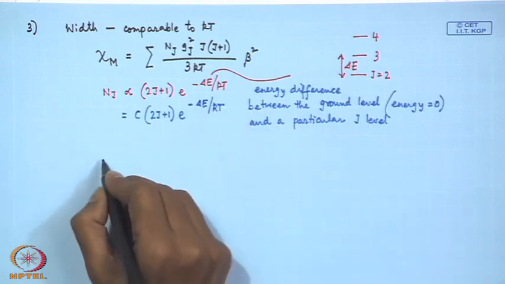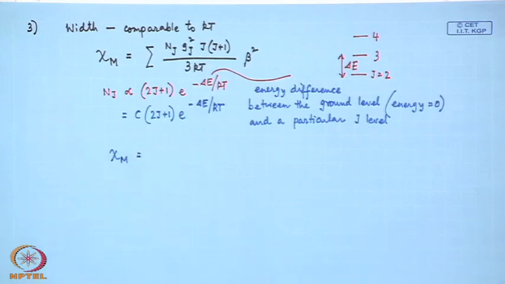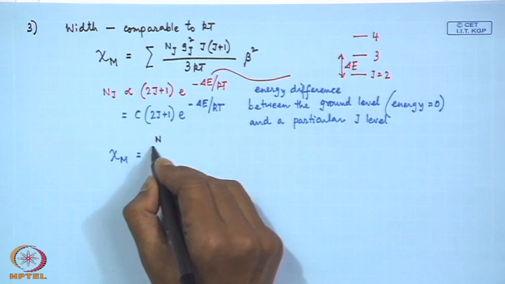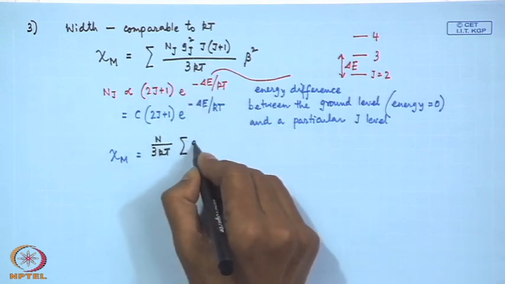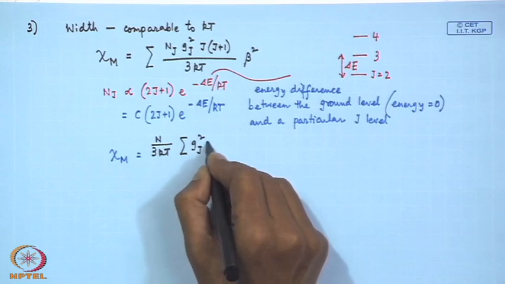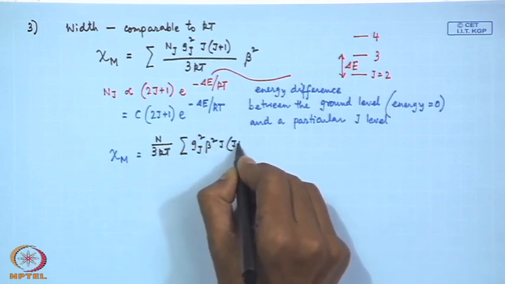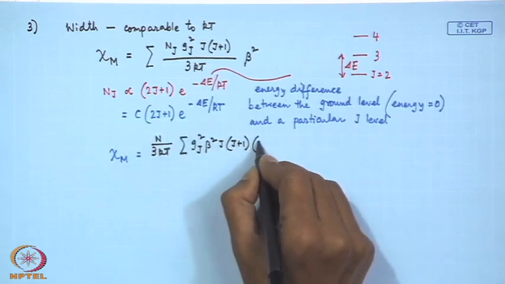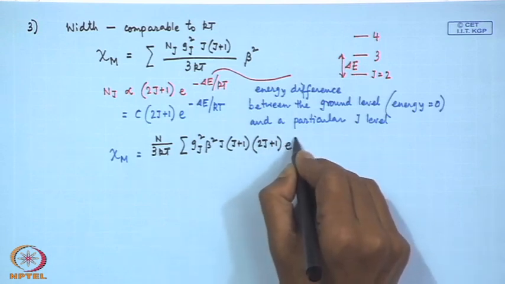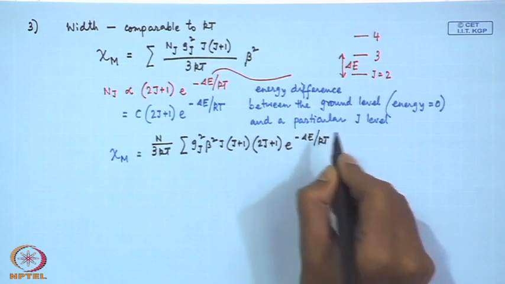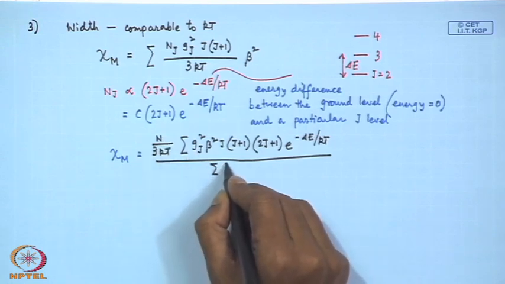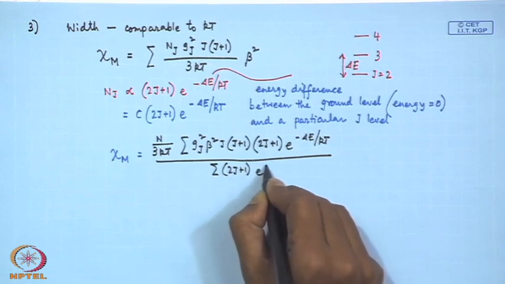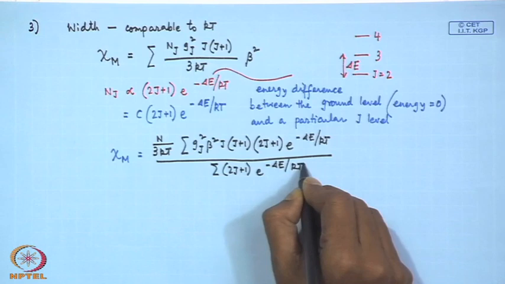kT, and as a result this chi-m equation will take the form which involves the delta E term also, which is equal to n by 3 kT and sum over Gj square beta square J into J plus 1 into this term twice J plus 1 e to the power minus delta E by kT divided by the sum over these levels, twice J plus 1 e to the power minus delta E by kT.